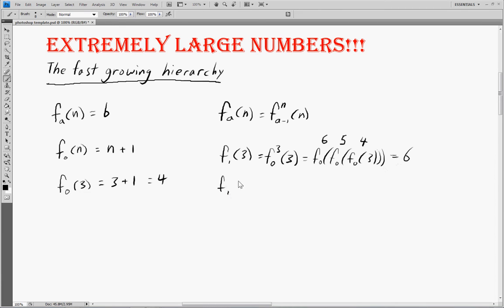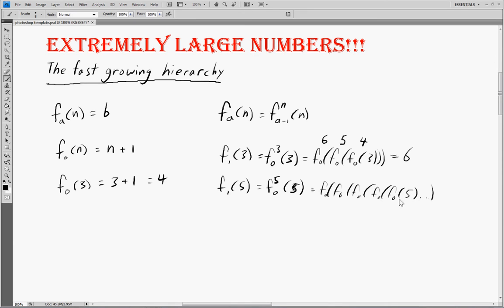Now if we took f sub 1 of 5, the same kind of thing. In this case, n is equal to 5, so we do 5 copies of the 0th function of 5. So we have 1, 2, 3, 4, 5, and a bunch of brackets here.